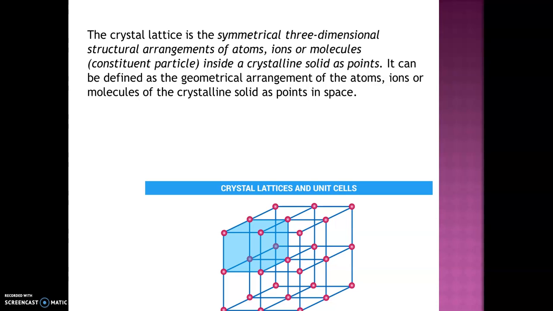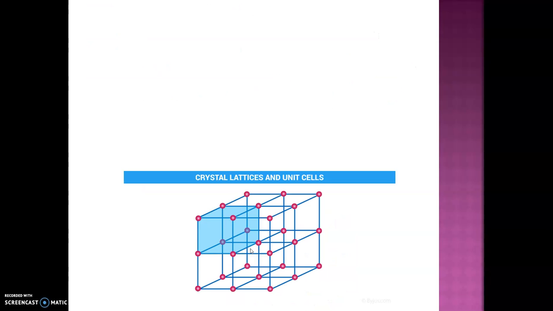We'll see what a unit cell is. If you observe this structure, you can see a small cube. This is a unit cell. And if you observe this one, there are so many unit cells. These unit cells are repeating.